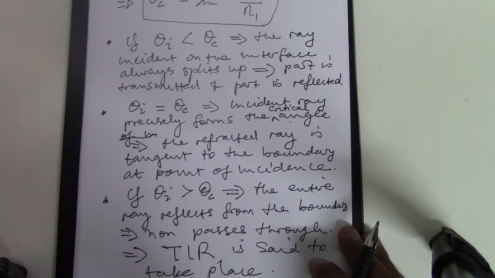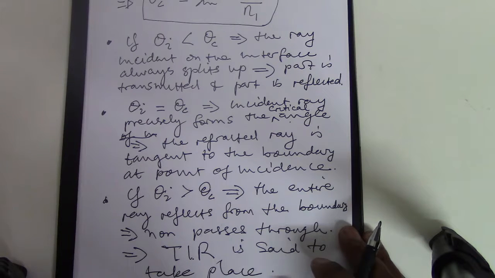As you increase the angle of incidence, the angle of refraction also increases. But the amount of energy in medium 2, or the refracted energy, decreases as the angle of incidence increases.